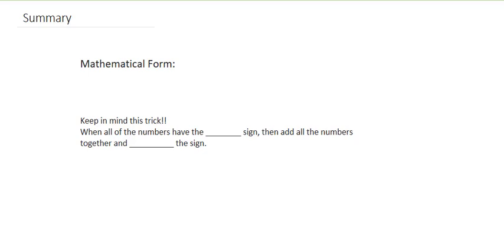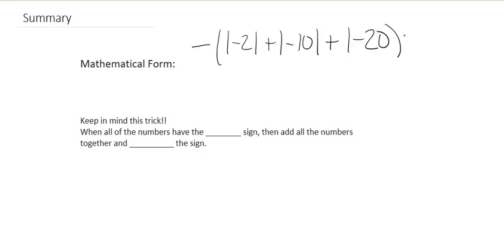Then in order to show that we are moving to the left, we add a negative in front of all of them, like this. This fancy equation just shows us the distance that was traveled and in what direction.